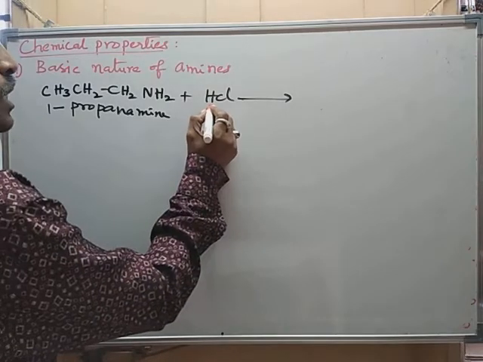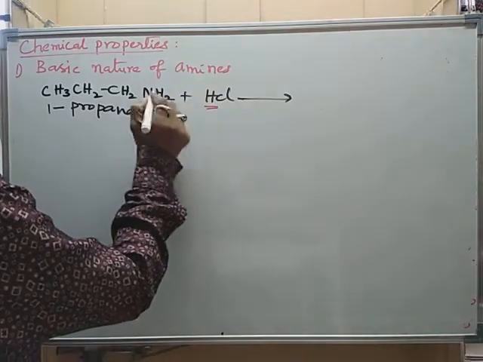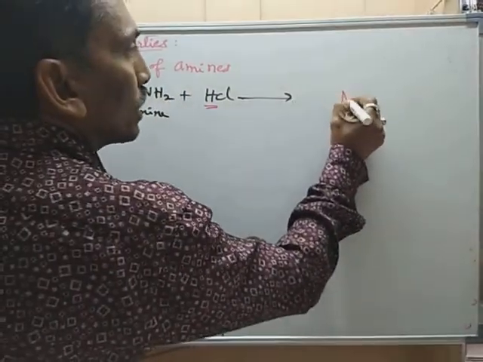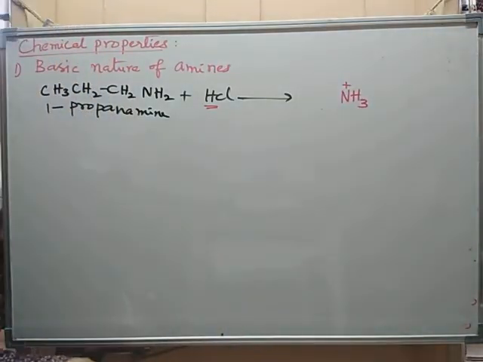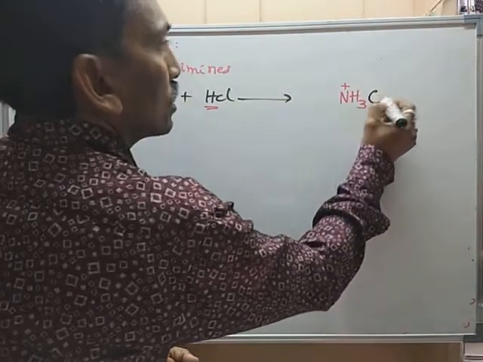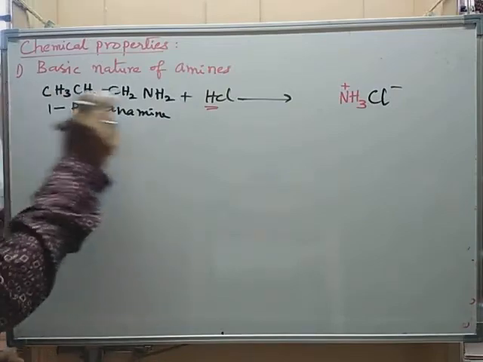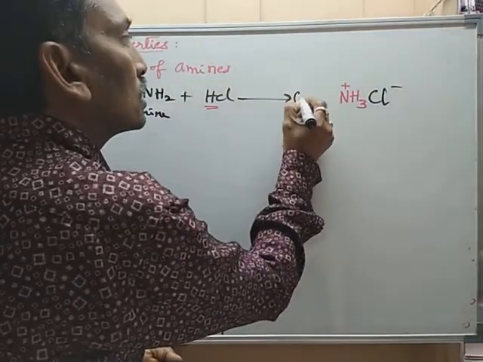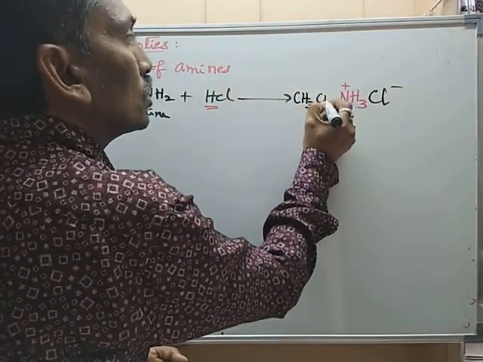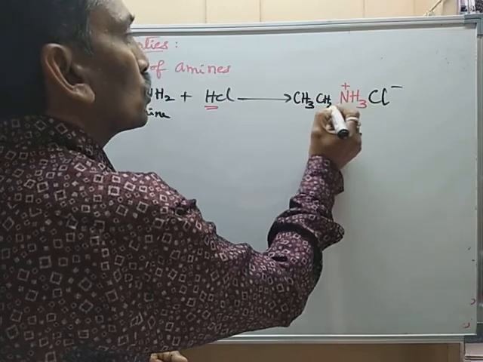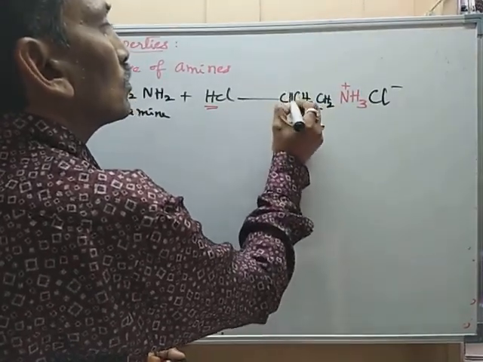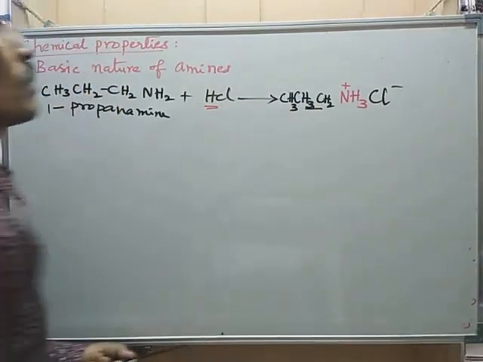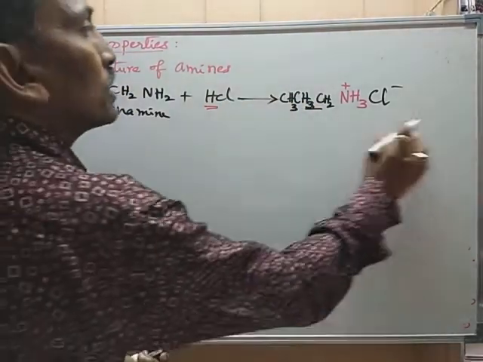Then the answer is, this H is given to this NH2. NH2 becomes NH3 plus, which is counterbalanced by Cl minus ions, and this propyl group is carried like this: CH3 CH2 CH2. How is the name of the product?